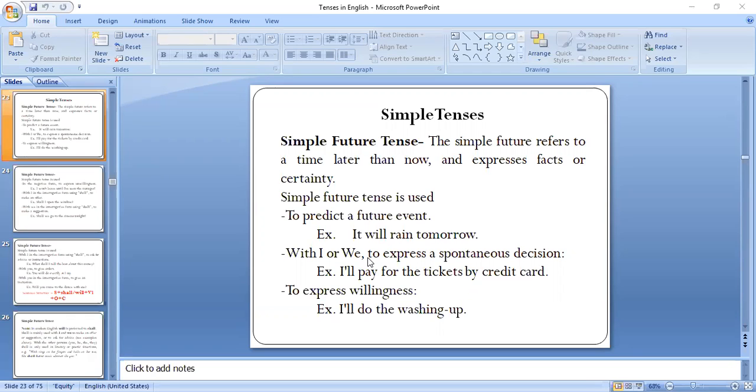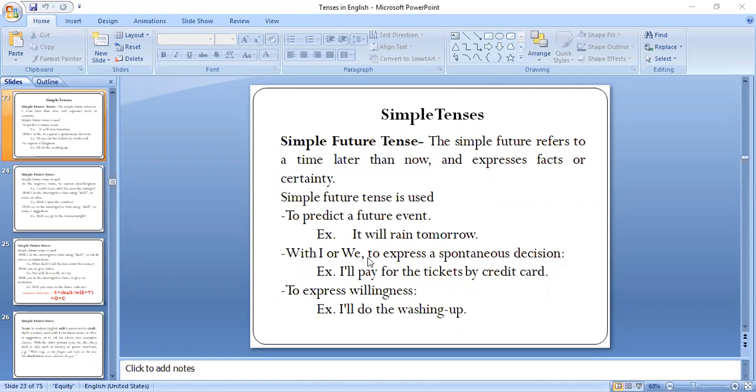The simple future tense refers to a time later than now and expresses facts or certainty. So different facts and certainty are expressed with the help of the simple future tense. The simple future tense is used to predict a future event.